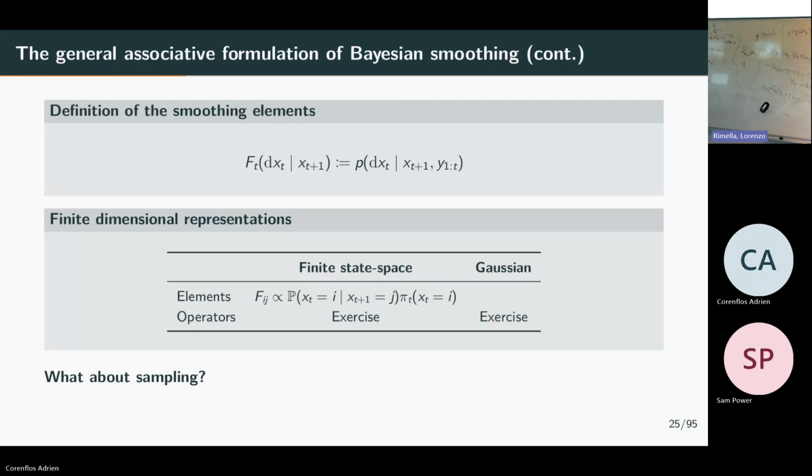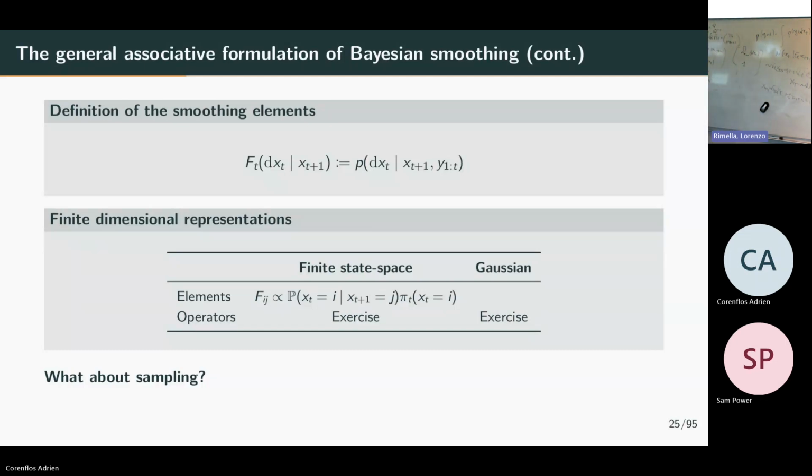I was just a bit confused by one thing you said. If you want to compute all of the smoothing distributions and you have this parallel framework set up, is it still the case that you need to build all of the filtering distributions first and then come back? Yeah. It appears in the finite state space, you see it here.